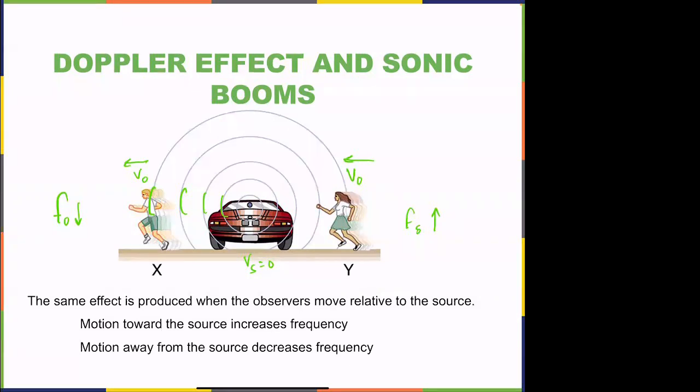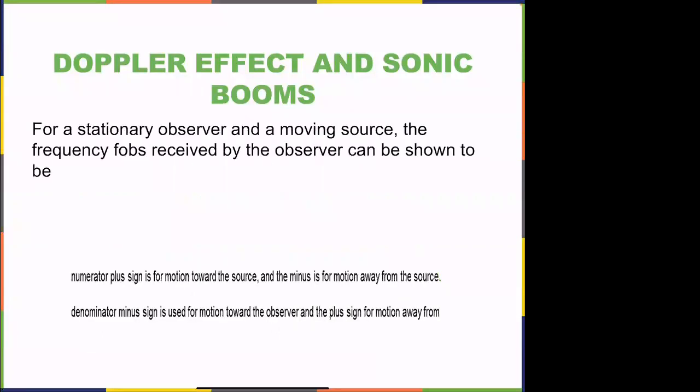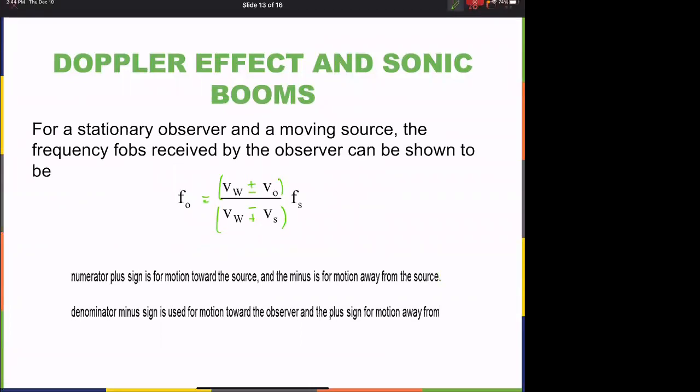And the formula to find this out is here. The frequency observed is equal to the velocity of sound plus or minus the velocity of the object over the velocity of sound minus or plus the velocity of the source, times the frequency of the source. Notice how I wrote the plus minus signs.